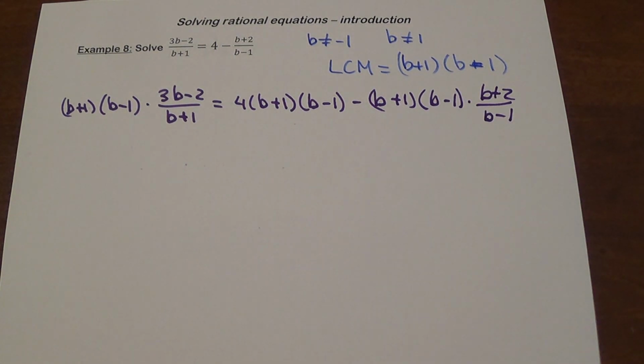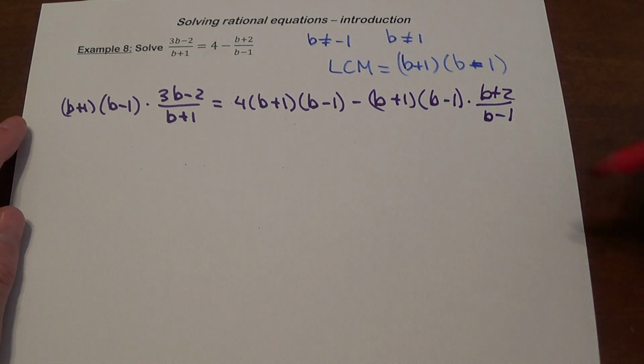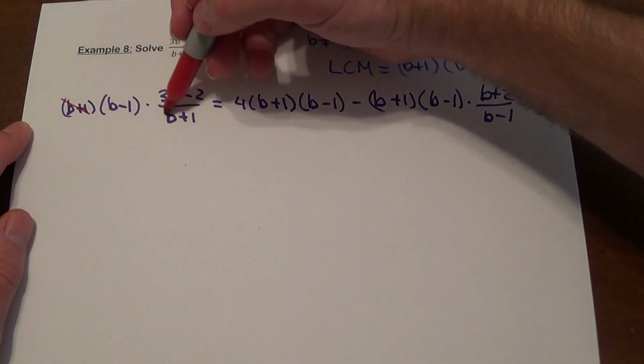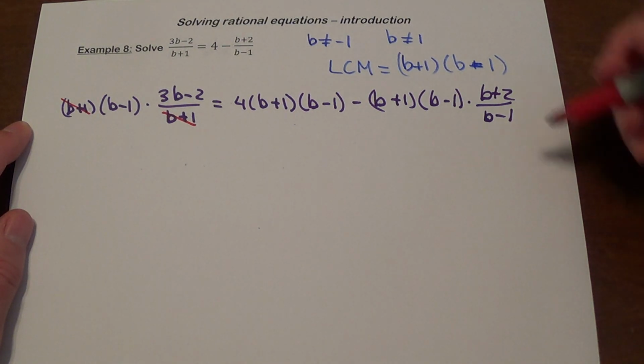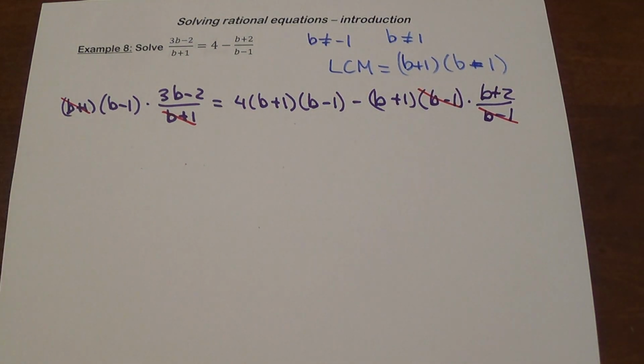Yes, these problems always get longer at first when you multiply, but after you cancel things it gets a lot nicer. So moving on, what do we have here? We have b plus 1 and b plus 1 that are going to cancel, and here b minus 1 and b minus 1, right?